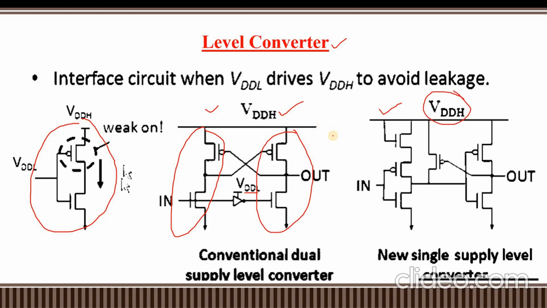So in both the low to high level converter and the high to low level converter, we have to cascade these CMOS inverters. Okay, so it is one of the circuits used when driving from low supply voltage to high supply voltage or high supply voltage to low supply voltage, vice versa.